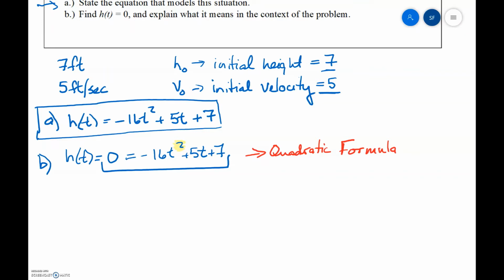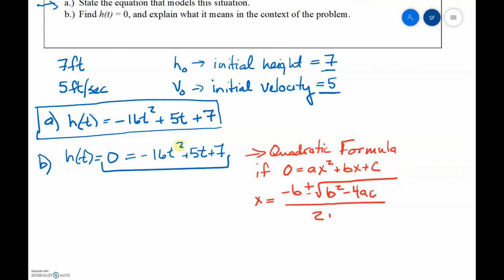The quadratic formula says if you have 0 equals ax squared plus bx plus c, then x is negative b plus or minus the square root of b squared minus 4ac, all over 2a. Notice that our equation has t in it, and this has x's in it. That's okay, we just have different variables. But we do have to decide what is a, what is b, and what is c.